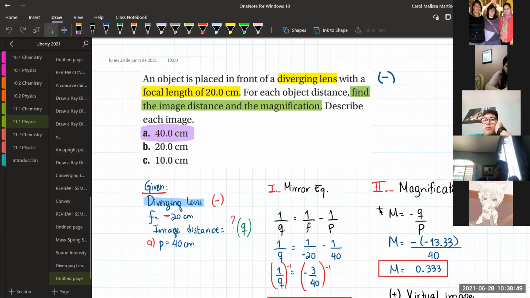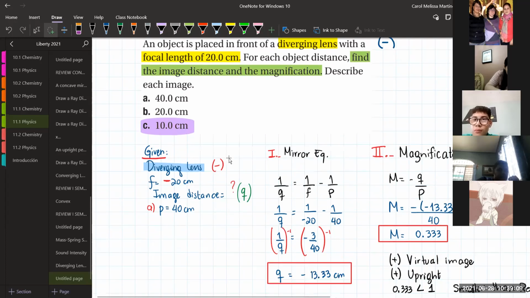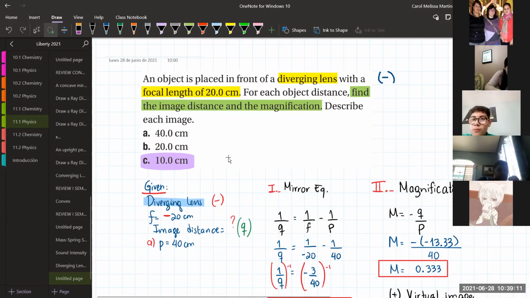Now it's not 40 centimeters, now it's just 20, okay? So work on B and C as part of the homework for you to study for the quiz that we're gonna be doing on Wednesday. Remember tomorrow quiz, chemistry quiz. So work in part B and C.